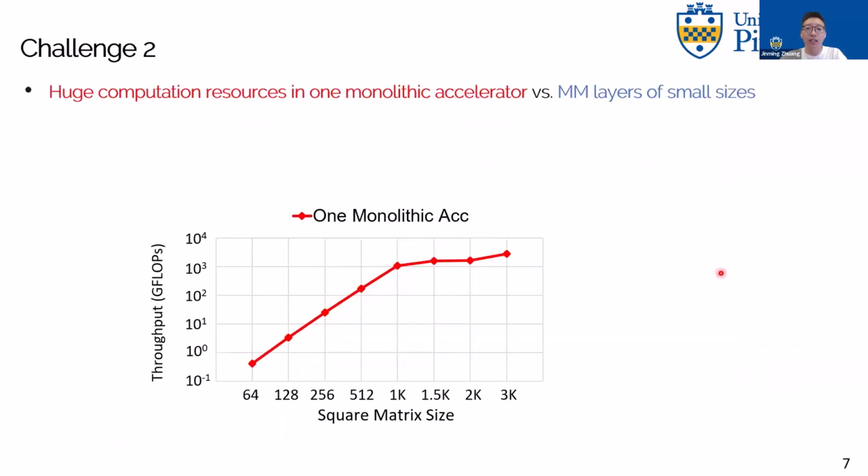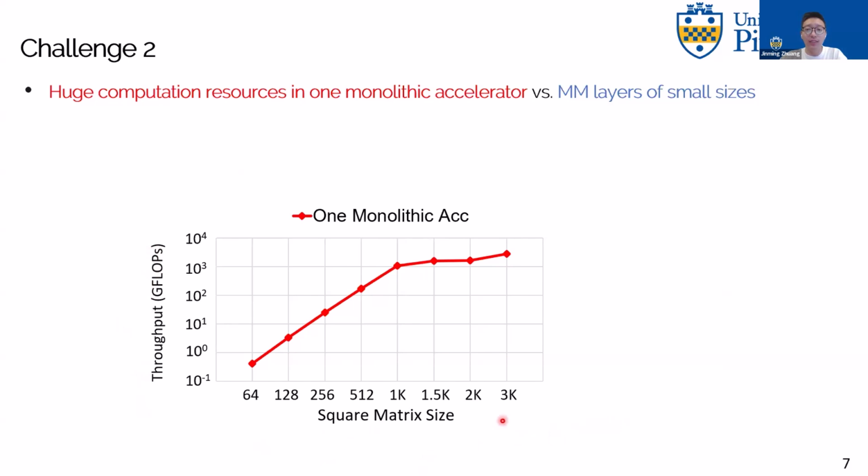To make it clearer, we showcase a series of results when mapping the square matrix multiply under FP32 data type on a design that leverages 384 AI engines with over 80% utilization of BRAM and URAM. In this chart, the x-axis shows the different square matrix sizes, and the corresponding real onboard throughput is shown on the y-axis.